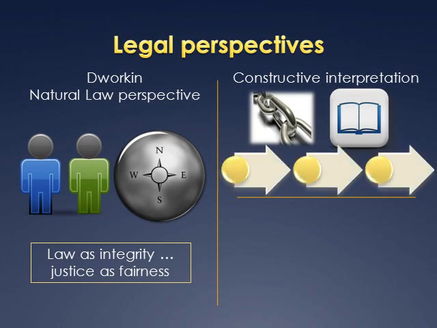Each novelist in the chain interprets the chapters he or she has been given in order to write a new chapter, which is then added to what the next novelist receives, and so on. Each has the job of writing his or her chapter so as to make the novel being constructed the best it can be, and the complexity of this task models the complexity of deciding a hard case under law as integrity.